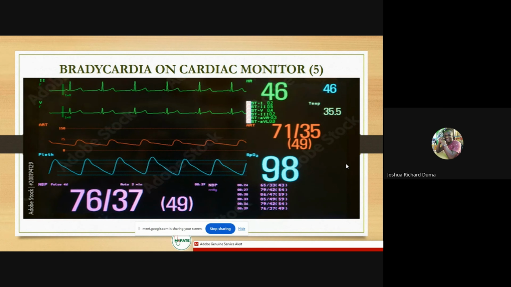Because once the patient is having a slow heart rate and low blood pressure, they can present with signs of poor cardiac output, like cold extremities, altered mental status, etc. So once you see parameters like this, do not quickly go to an intervention. You need to assess the patient. Is the patient presenting the features that are seen on the monitor? Do not run into an intervention. Assess the patient, then carry on.